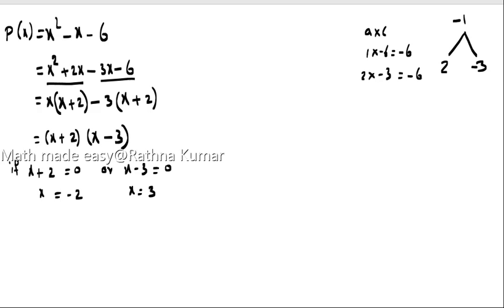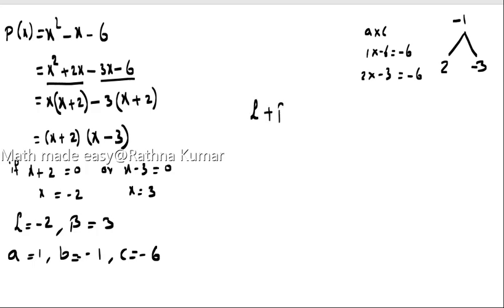From this we will try to establish a relationship between the coefficients and zeros. So what we have, the zeros, alpha is equal to minus 2 and beta is equal to 3, and coefficients a is equal to 1, b is equal to minus 1 and c is equal to minus 6. First we'll try to add both the zeros, alpha plus beta.